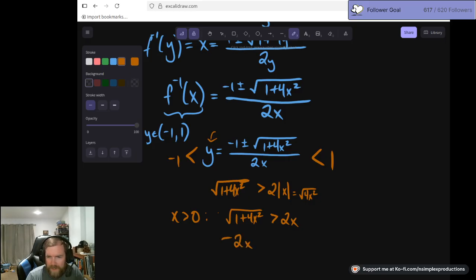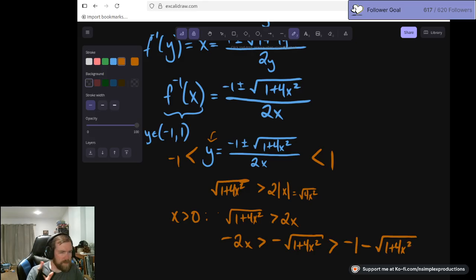Negative 2x is going to be greater than negative root 1 plus 4x squared, which is going to be greater than -1 minus square root 1 plus 4x squared. I think everybody could probably agree on that.